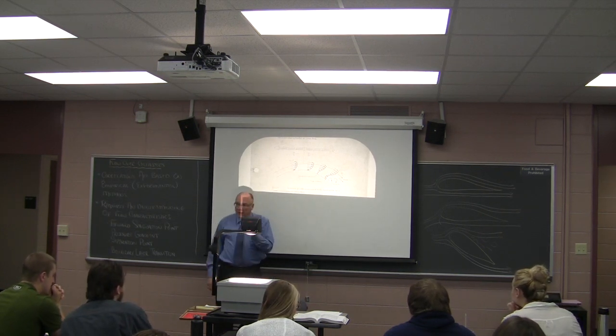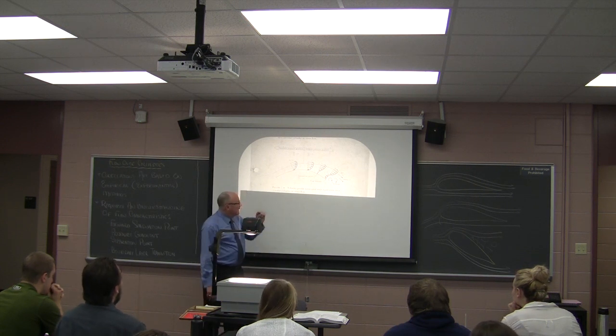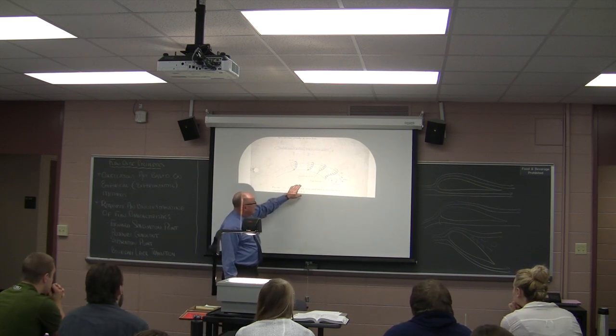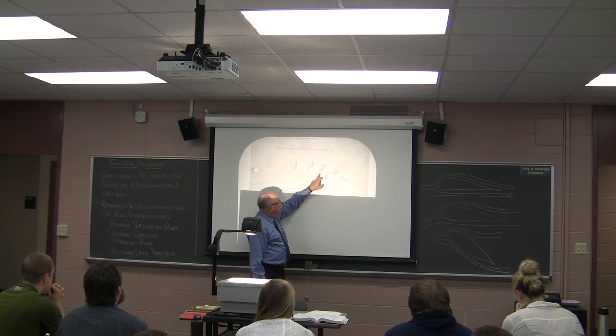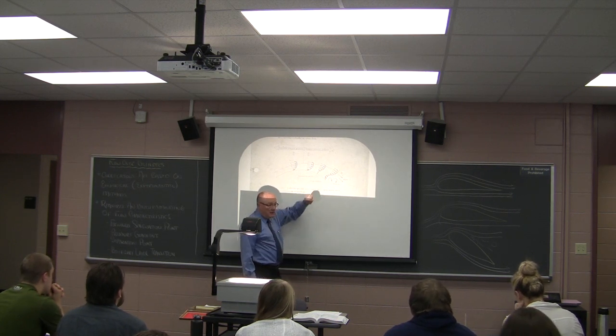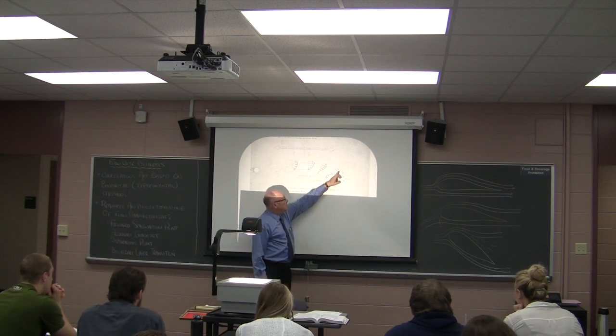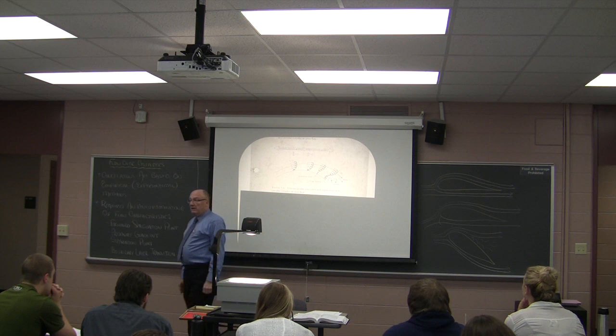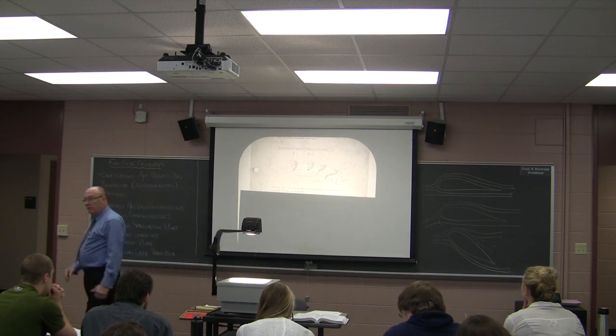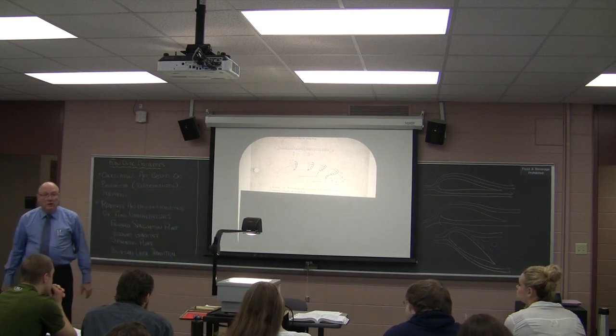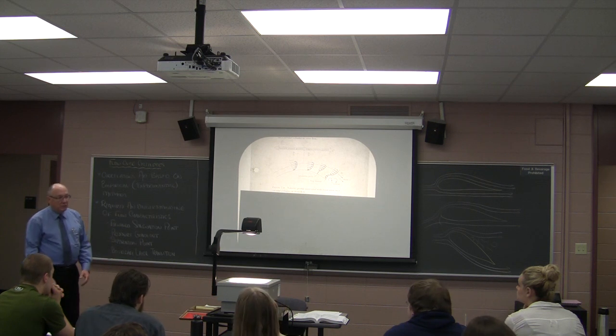What happens as the flow is beginning to transition and reverse is you'll see that the curvature of the velocity profile changes, and then all of a sudden you'll see it actually reverse at the base, at the contact with the surface, as the flow begins to become turbulent and flow backwards.